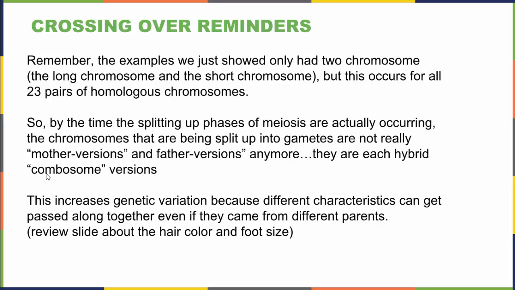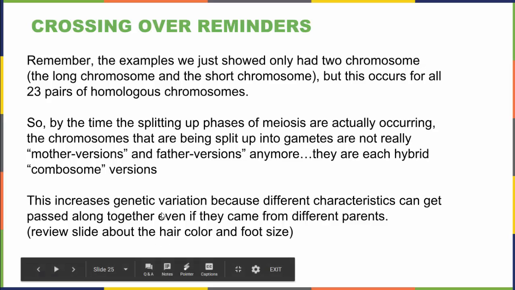They're each more of these sort of reddish, sort of bluish, some bits from the mother, some bits from the father versions of chromosomes. But it still is important to know that the homologous chromosomes are separating. It's just that when they separate, it's not mother version here, father version here. They're sort of these combos of mother and father.